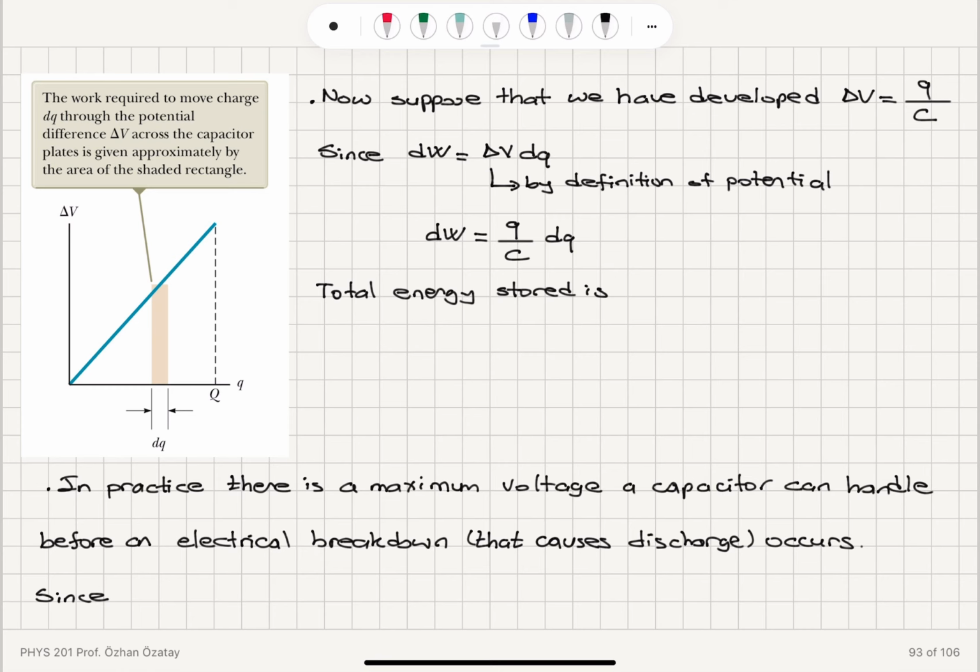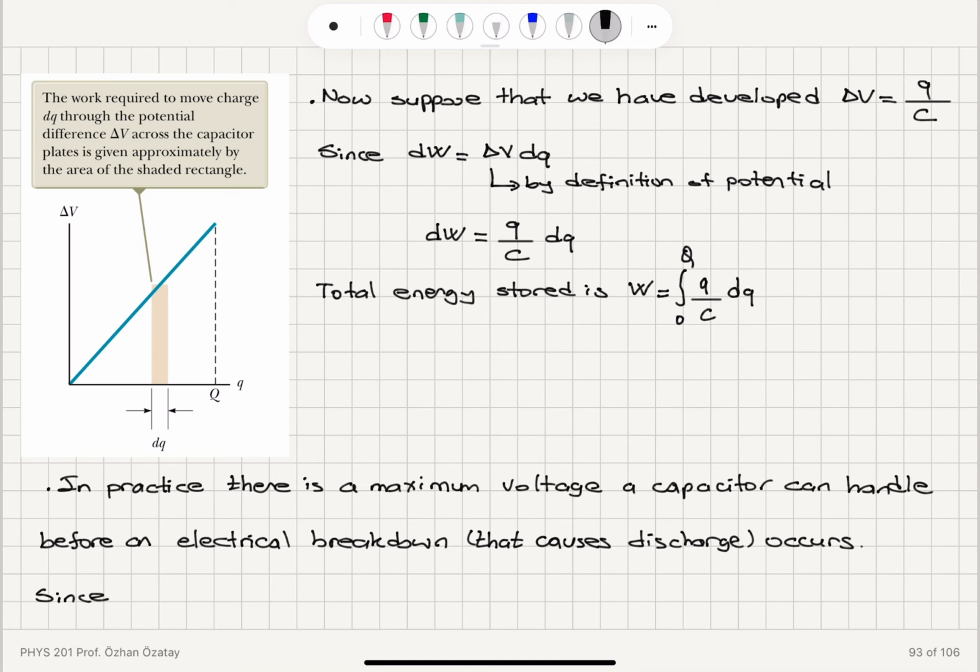The total energy stored in the process of going from zero charge to a charge plus Q will be the integral of dW. So that will be the total work done, which is the integral from 0 to Q of Q over C dQ.